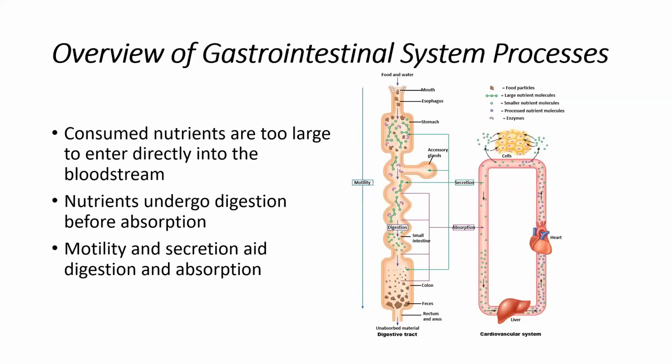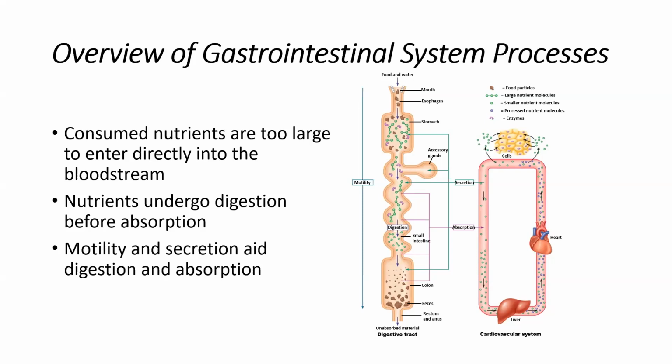Okay. Let's start by looking at an overview of the processes involved. So we know that in general, the gastrointestinal system is responsible for breaking down and absorbing food, of nutrients from that food.